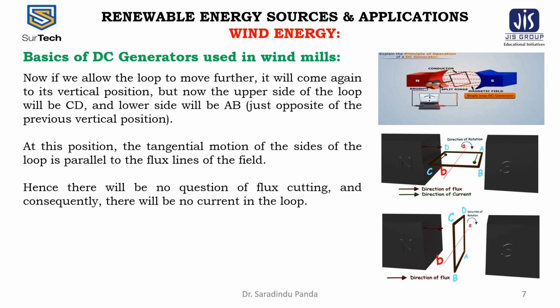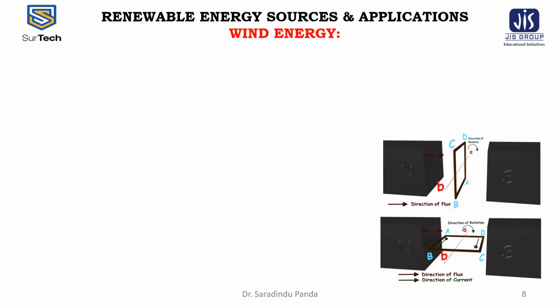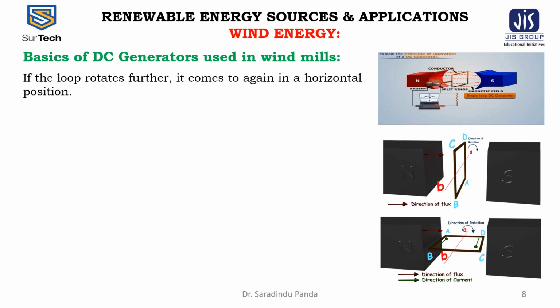At this position, the tangential motion of the sides of the loop is parallel to the flux lines of the field. Hence, there will be no question of flux cutting, and consequently there will be no current in the loop. If the loop rotates further, it comes again to the horizontal position as shown in the figure.